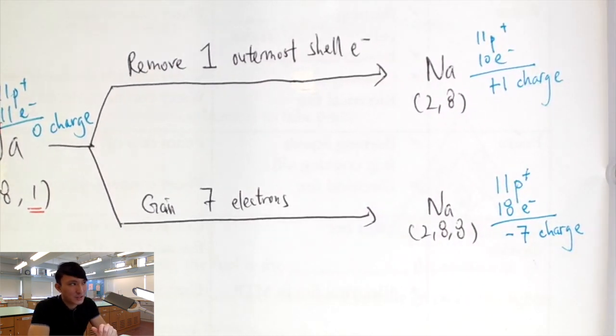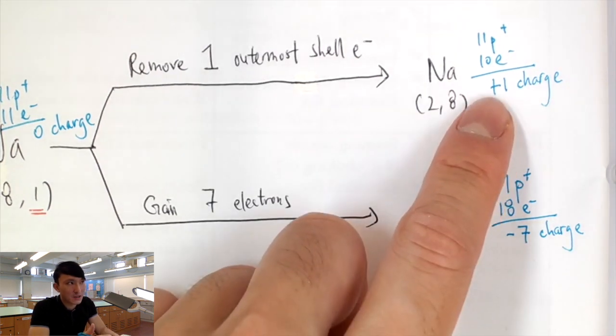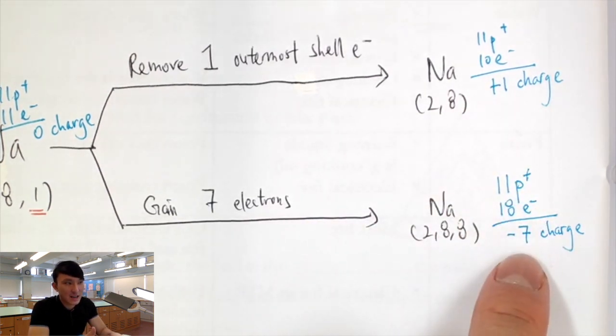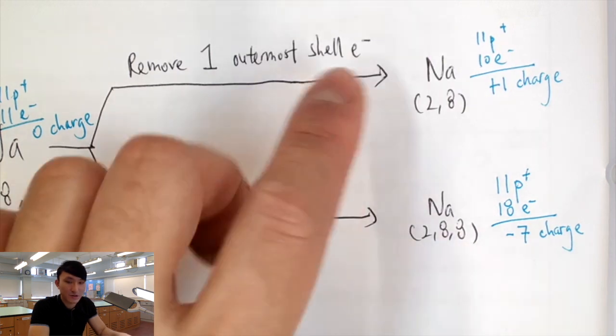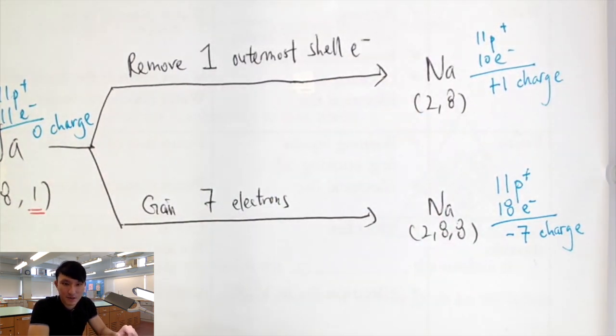So my question is, are they still atoms? No, because remember, for atoms, they must be electrically neutral. That means they don't have any net charges. But here, it has a positive 1 charge, it has a negative 7 charge. So they are no longer atoms.